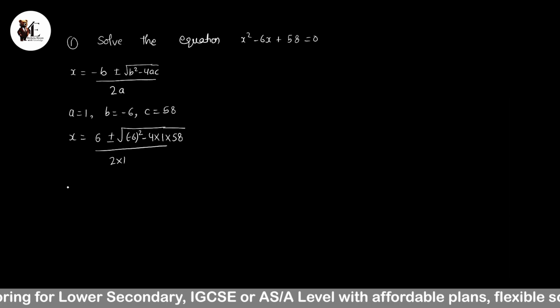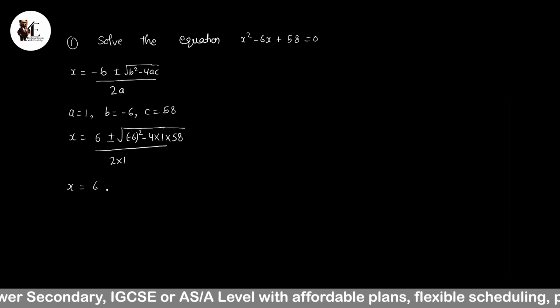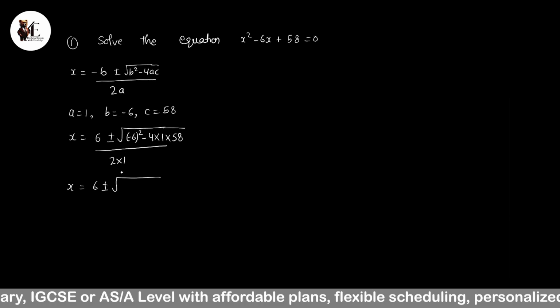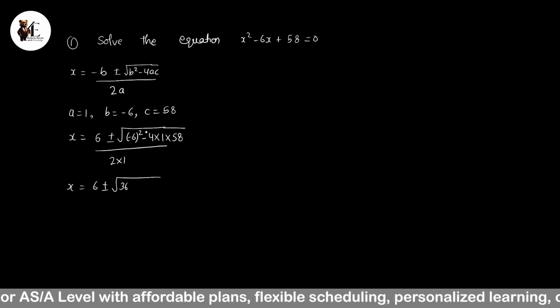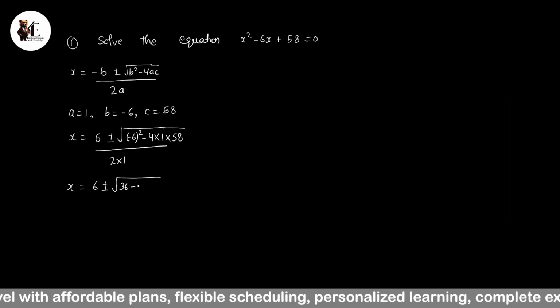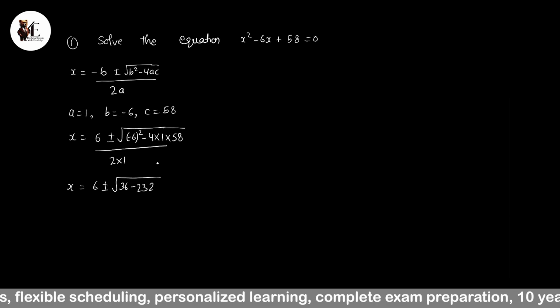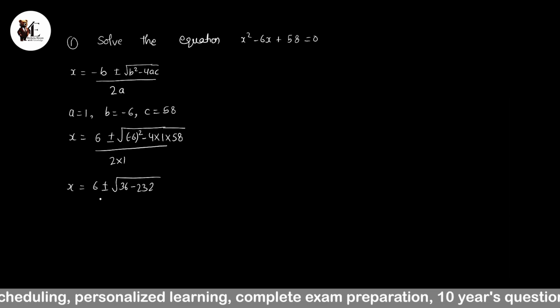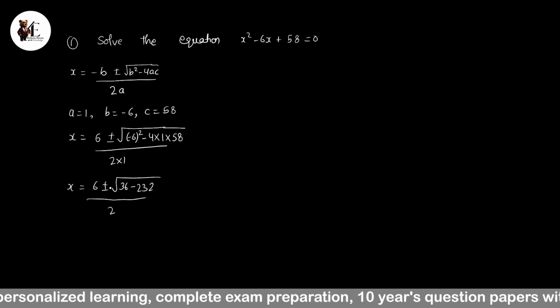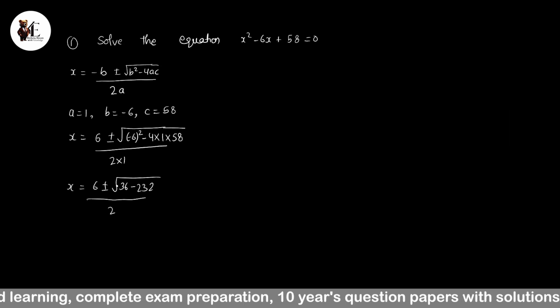A is 1. So x is equal to 6 plus minus, negative 6 square will be 36, minus, and I think that will be 232, over 2.